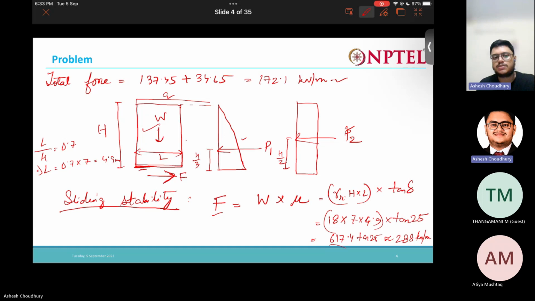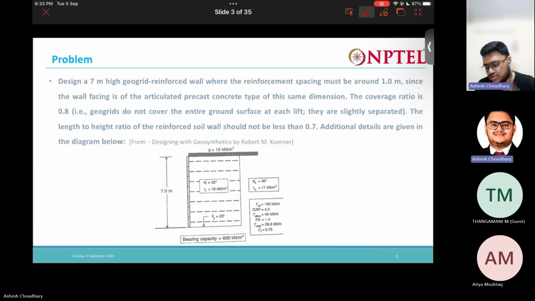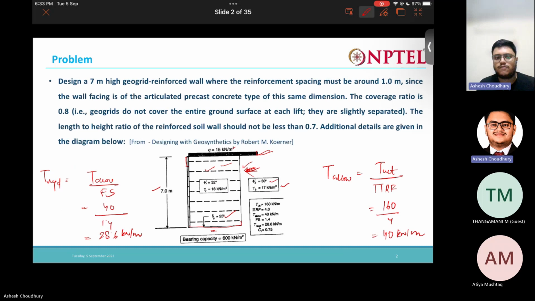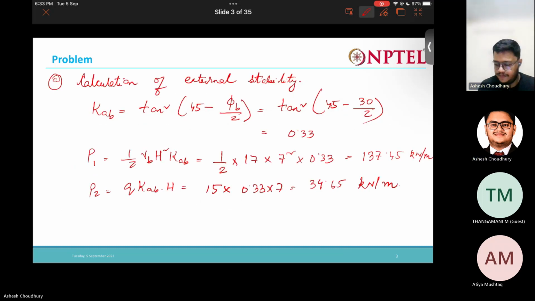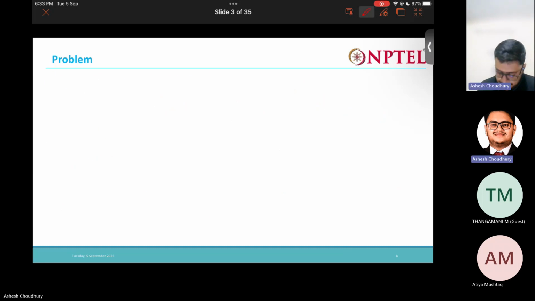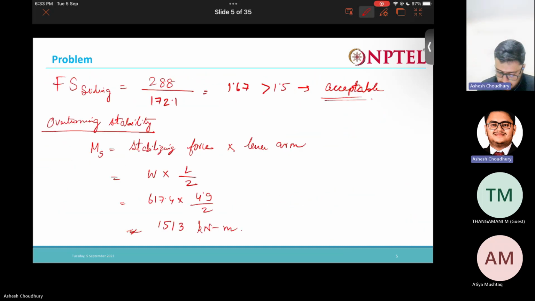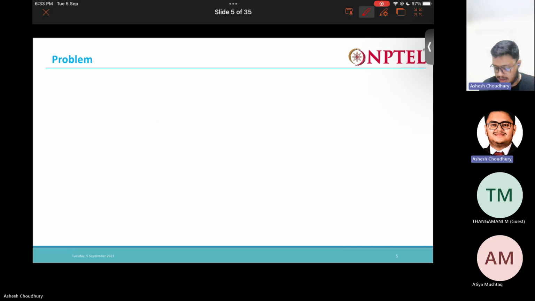He has solved some examples in the class with seismic forces, so you can solve these problems also by considering seismic forces by yourself. So we got the stabilizing moment.